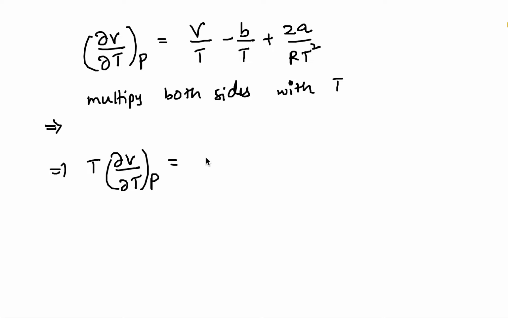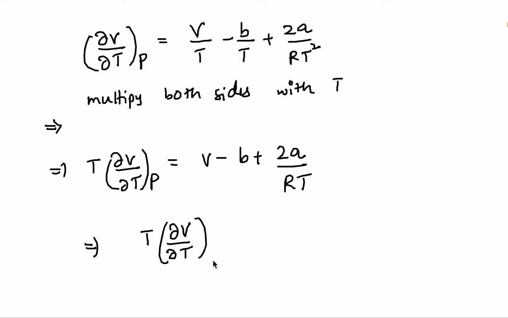This gives V minus B plus 2A over RT. Now if I do some rearrangement here, T times dou V over dou T at constant pressure minus V is equal to 2A over RT minus B.